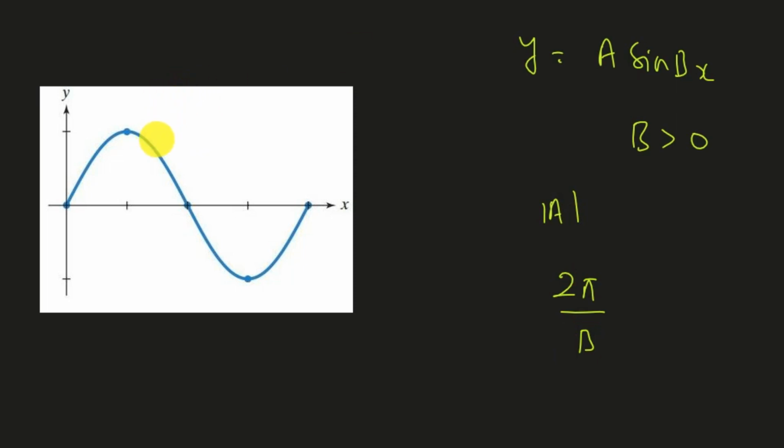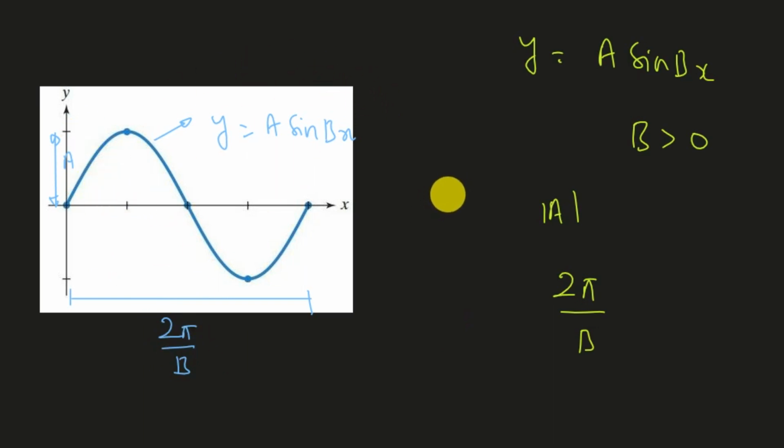So this is y equals a sine bx, sorry. And what would be the period? This is the period. This period is 2 pi by b. And what is the amplitude? This is the amplitude, a. I hope I'm clear on what the period is here, what the amplitude is here, and how to graph this function.